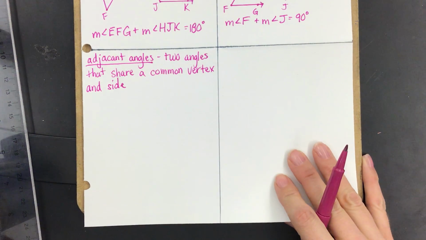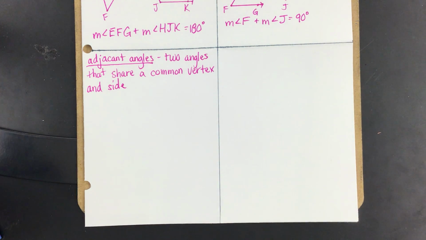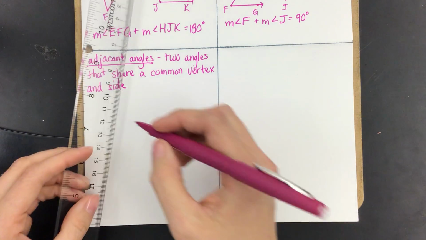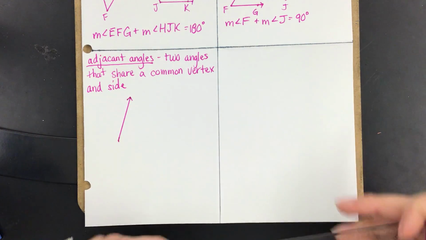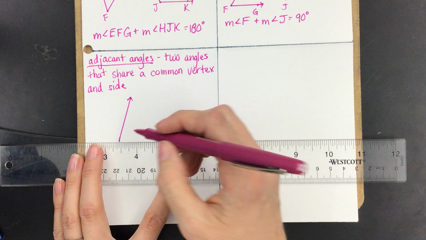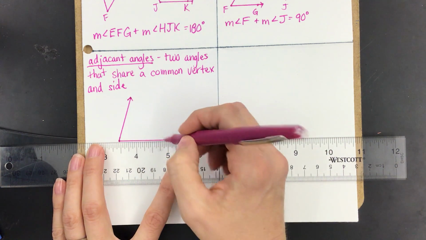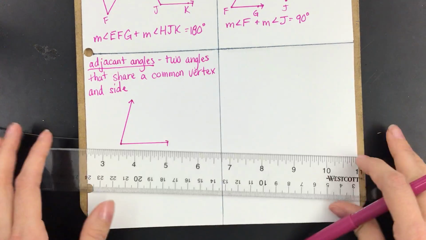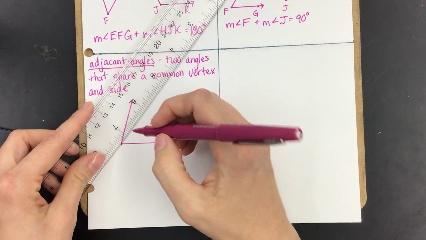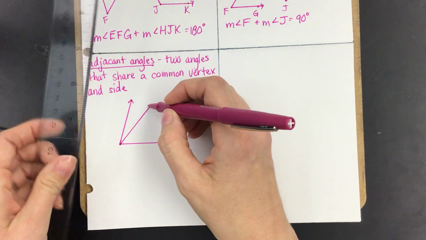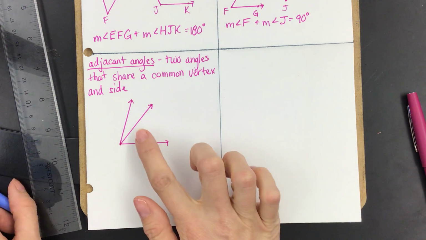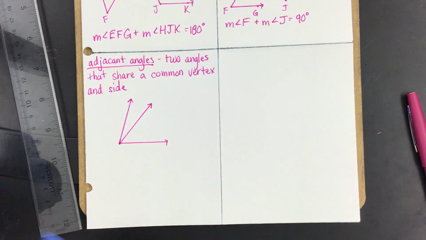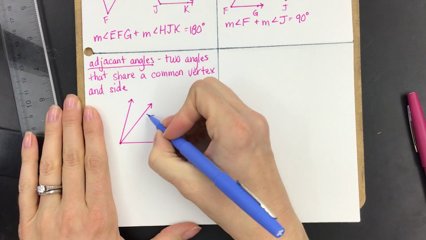So let me show you a picture of what that looks like. Okay, so these would be considered adjacent because they're touching each other. They're right next to each other. And the most important thing is that they have a common side.